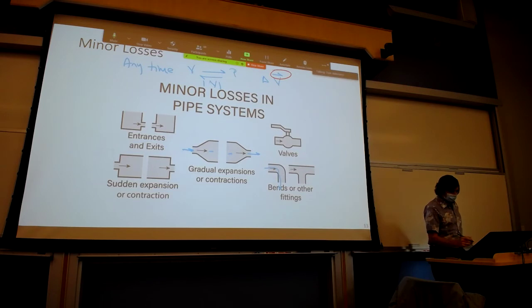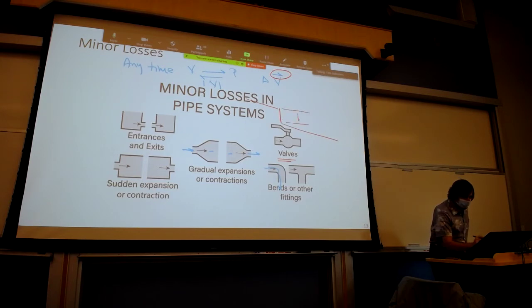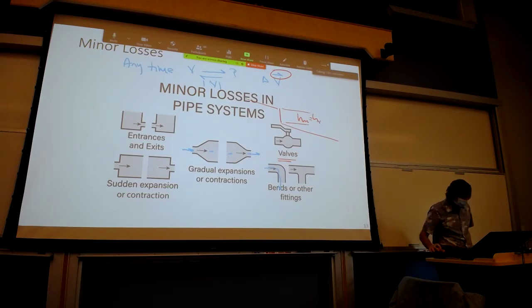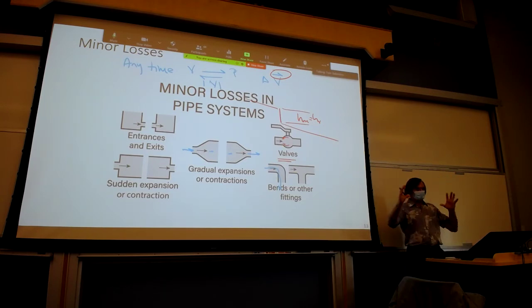So what happens is, when we're going through something like a valve, the EGL is coming in, we just have pipe friction, and in the valve, we're going to see a loss in the energy grade line. And that loss is a minor loss. In this case, I'm just going to subscript it h_V because we have a valve there. And yes, there is frictional resistance happening in the valve, but you don't double count.